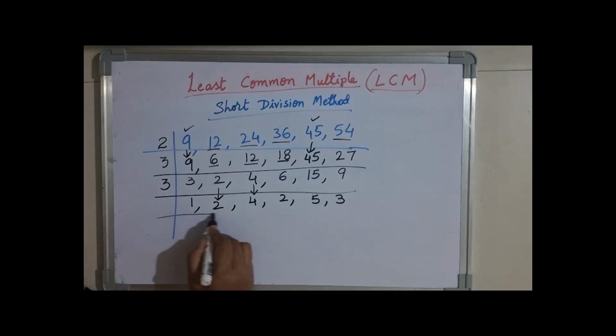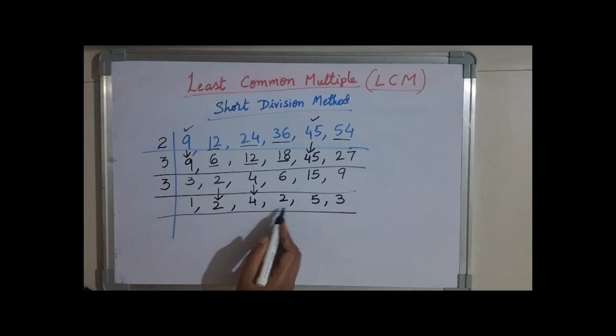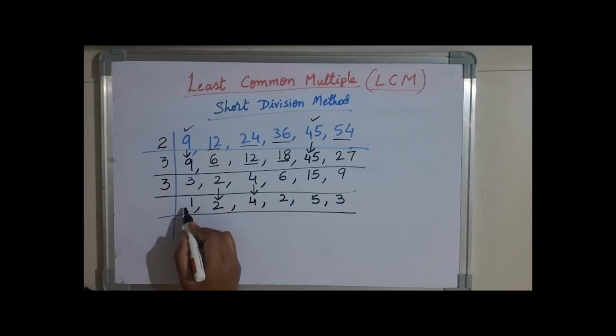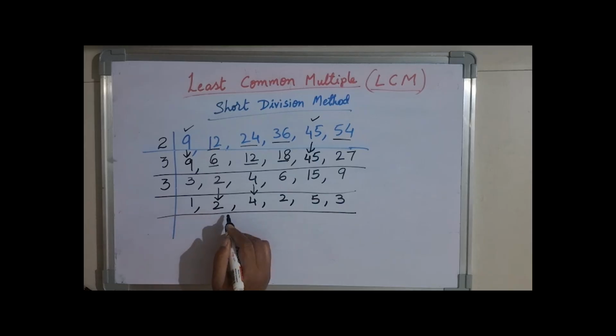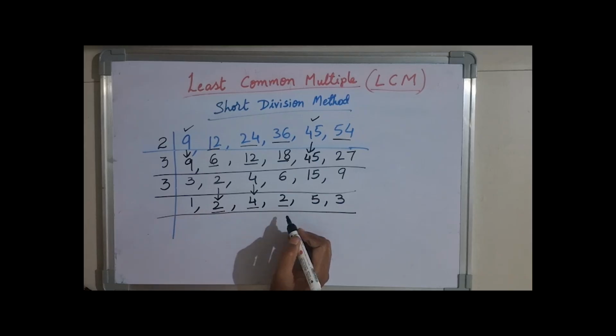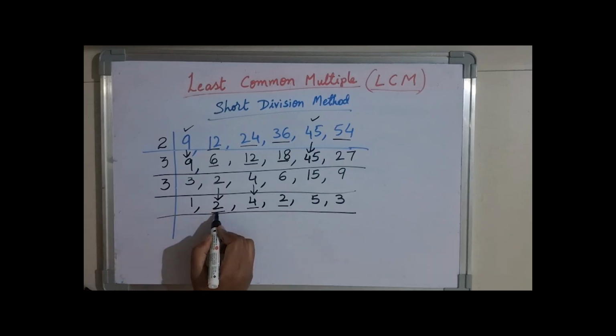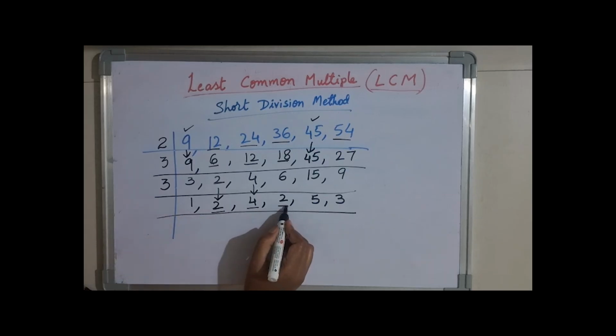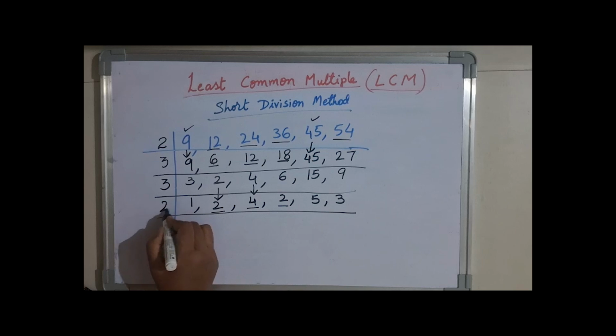After getting this step, children, now again at least 2 numbers should go in one table. That means at least 2 numbers should be divisible by the same factor. So here we are able to see that 2, 4 and 2, these numbers are divisible by 2.